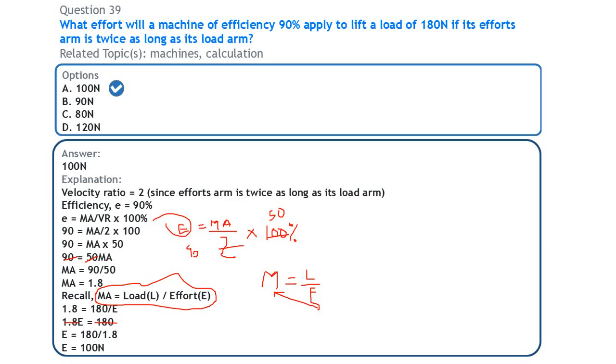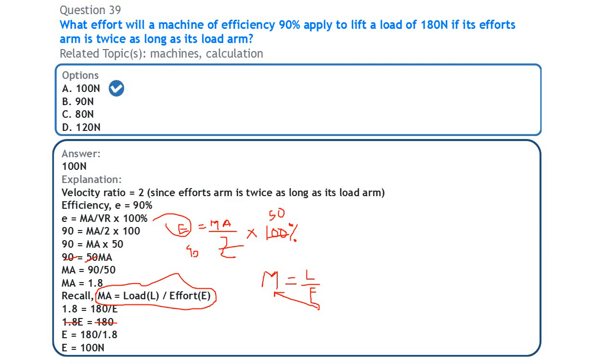Now if you substitute that in this formula here, efficiency is 90%, equals mechanical advantage over velocity ratio, which is 2, times 100. I would love to write this out so you can see very well. So we have efficiency equal to mechanical advantage over 2, multiplied by 100%.